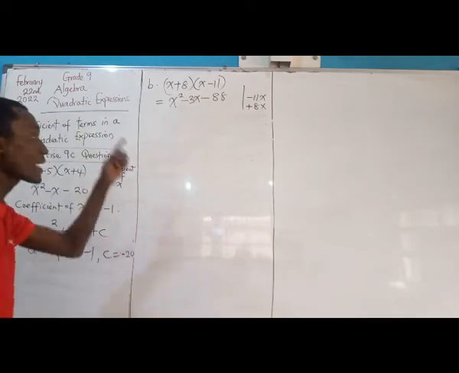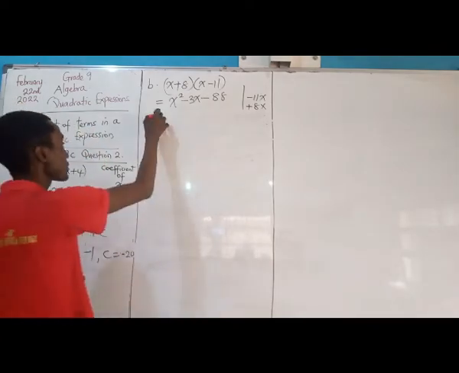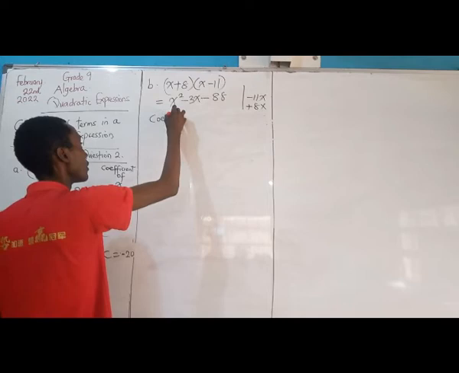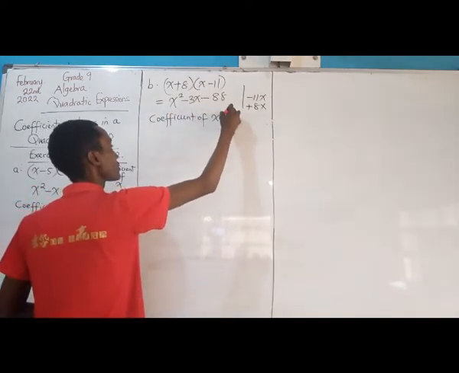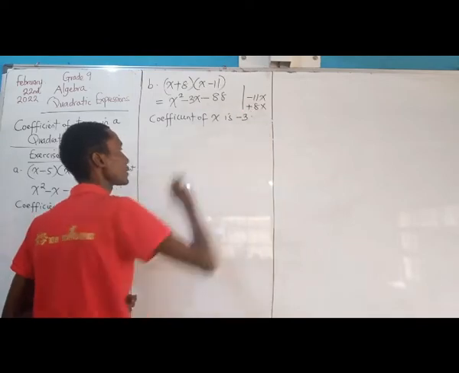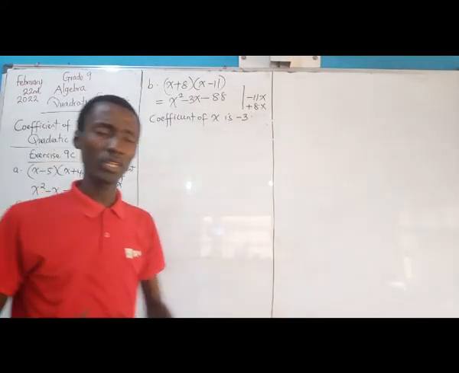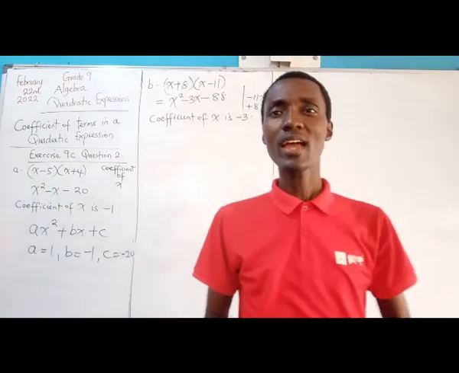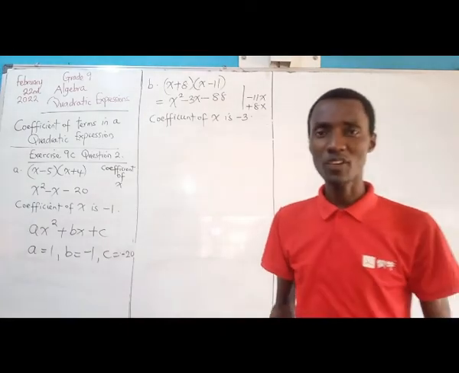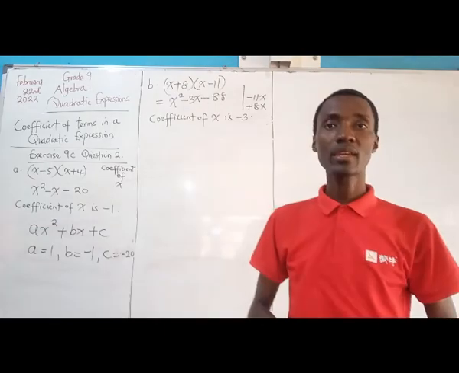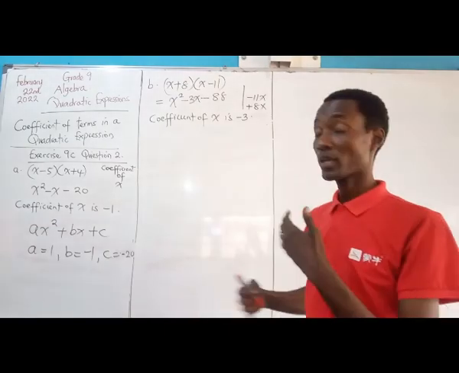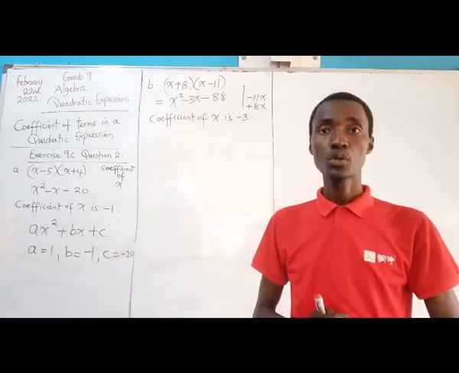So the coefficient of x is negative 3. This is a very straightforward thing. This is where the knowledge you have gathered all this while begins to become relevant to you.